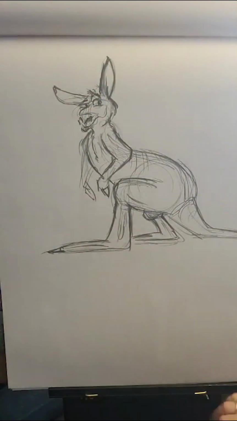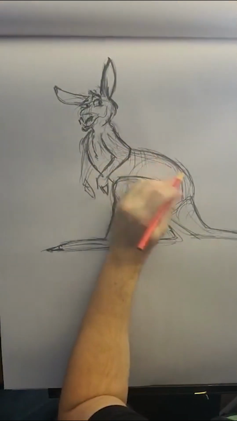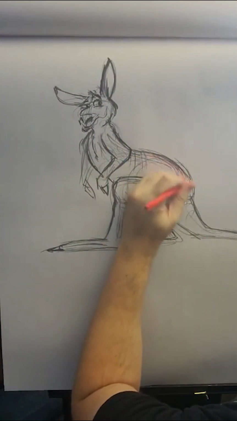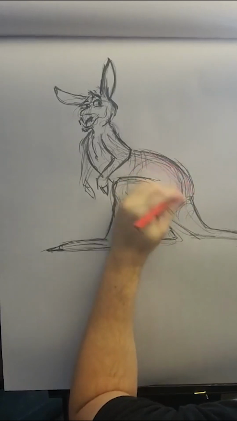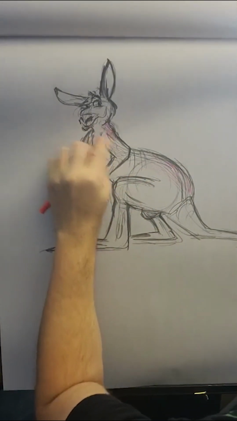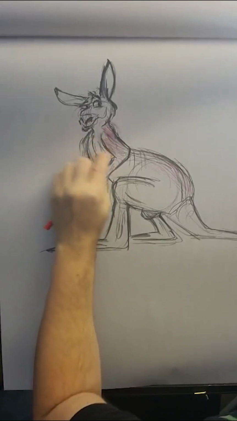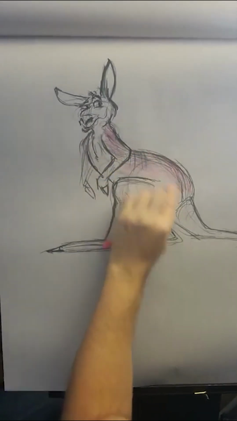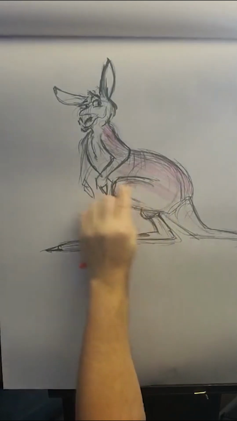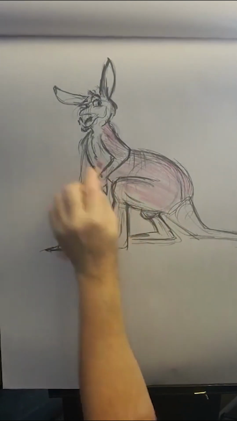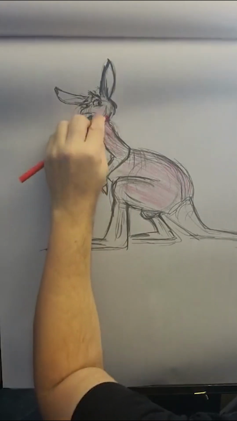I'm going to try a little red here because it's a red kangaroo. I bought these at the store the other day, so I was like, oh, I kind of want to use some color. But yeah, the industry is changing so much that my advice might be out of date, but I can give you whatever advice I can.